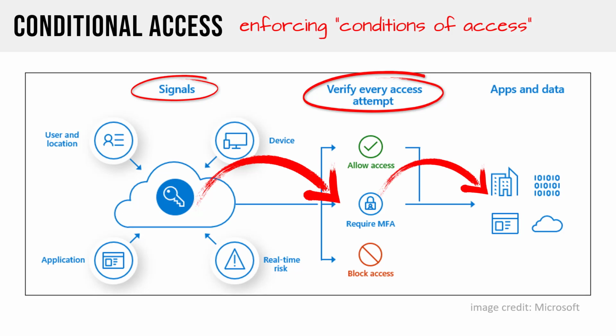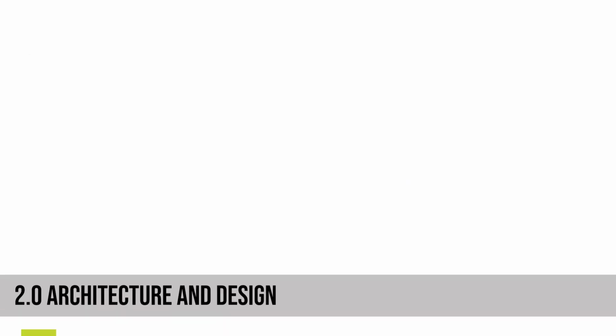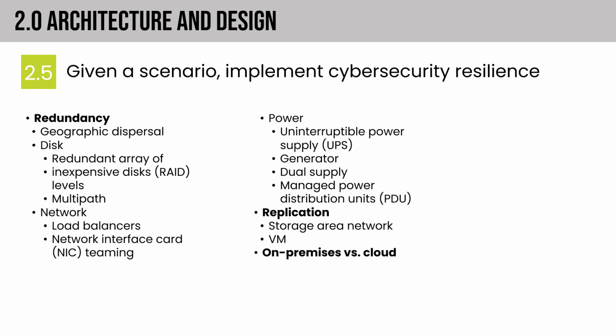But if the signals map to our requirements and there's no undue amount of risk or danger detected in the decision, we can then give the user access to apps and data. But it's really signals feeding into a decision which is then enforced for or against access.